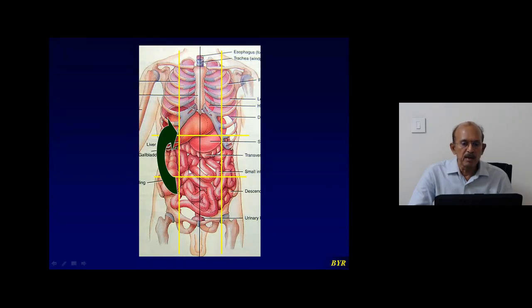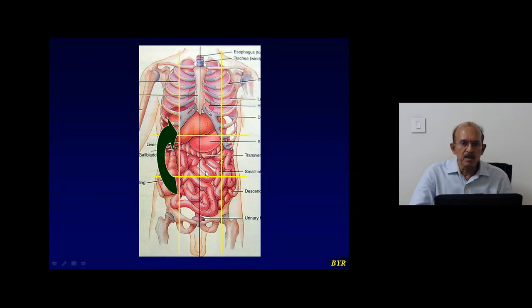If the patient is having pain in any one particular quadrant, always start examination in the diagonally opposite area. That means if the patient is having pain in the right iliac fossa, then don't start the examination here. You start examining from the left hypochondriac region and come like this. Because if you start your examination in the painful area, the patient will keep the muscles in voluntary spasm, that is guarding.